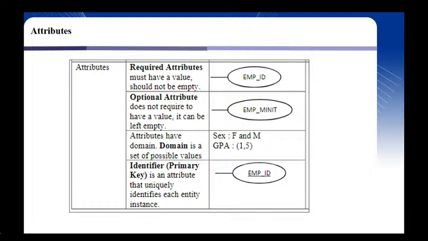Okay, identifier. Identifier is called the primary key. It is an attribute that uniquely identifies each entity instance. So when we're going to consider a real-world scenario of databases and we have the entities, each entity has its own uniqueness.